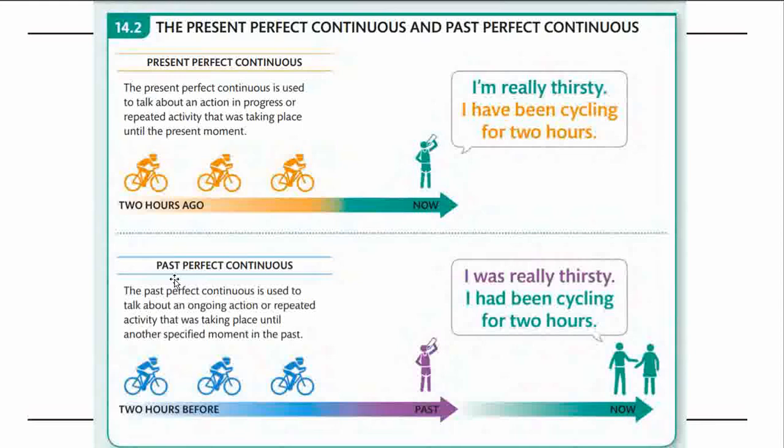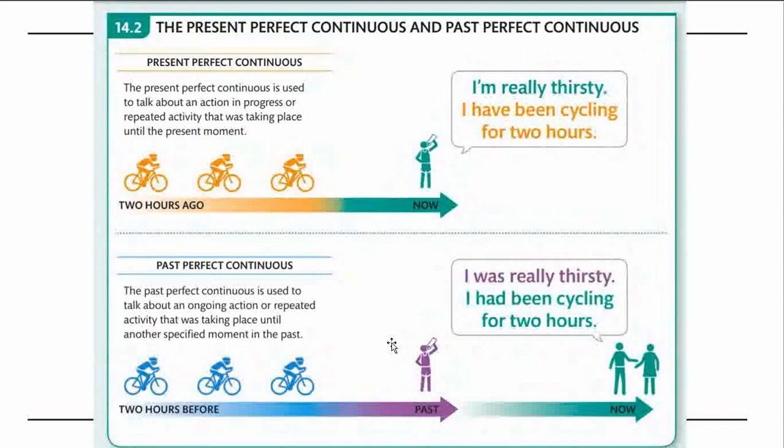Now how is it different? First of all, let us understand what is past perfect continuous tense and how is it different with the present perfect continuous tense. Let us see one example. The past perfect continuous is used to talk about an ongoing action or a repeated activity that was taking place until another specified moment in the past.